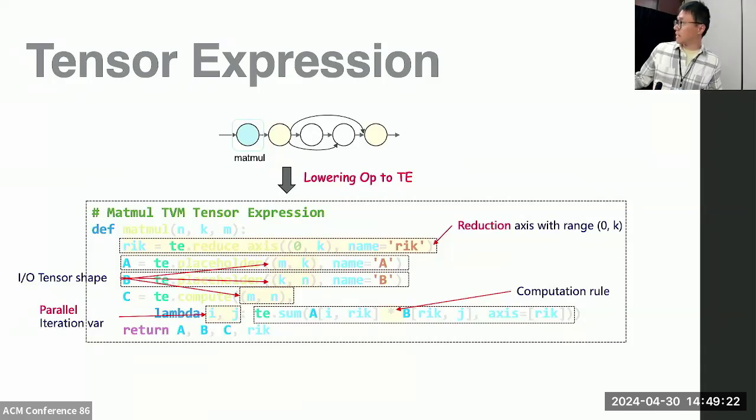Here is an example of a matmul operator. From the tensor expression, we can get the input-output tensor shapes, the parallel accesses, the reduction accesses, and the fine-grained data dependencies between the output tensor C and the input tensors A and B.